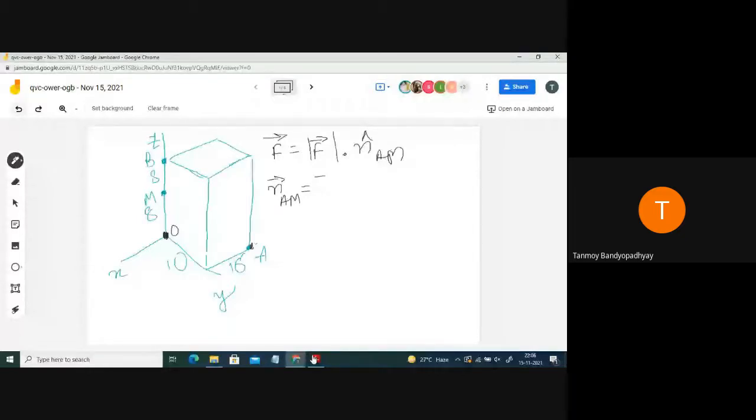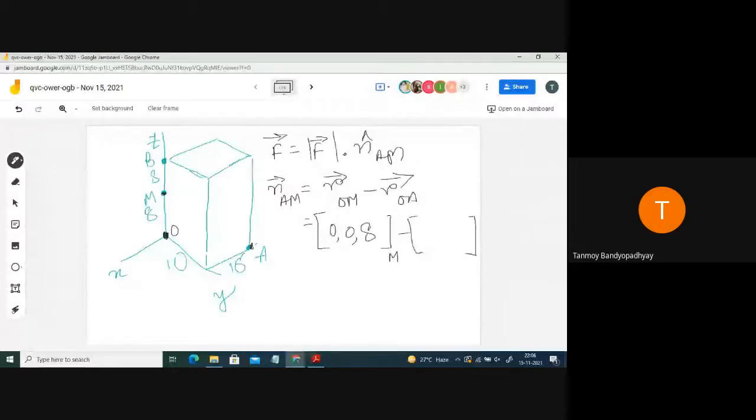What are the coordinates of the point M? I do it by the coordinate method; you can do it by the position vector method also, but coordinates are convenient. M lies on the z axis, so it is 0, 0, 8. Right? Coordinates of the point M.